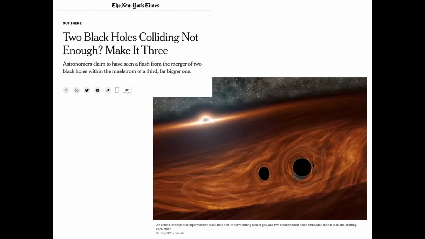And one of the interesting things is that this can facilitate the collision between them, because when the eccentricity gets excited to very high values, close to 1, these two black holes get very close to each other. They emit gravitational radiation very intensely when they're close, and that makes the orbit decay.